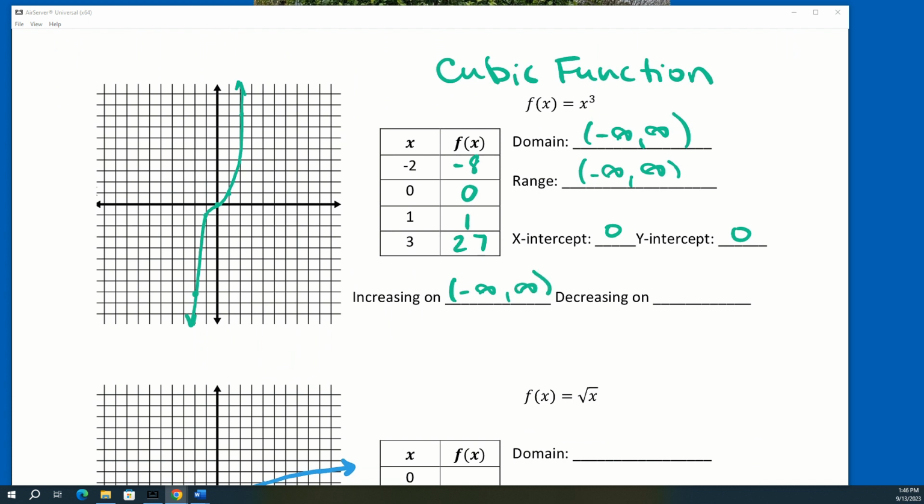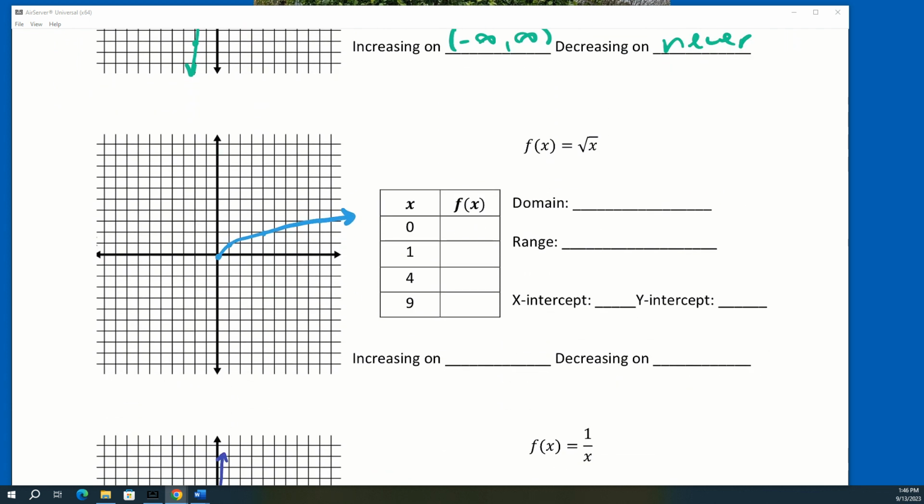Yes, it's increasing everywhere, and it's never decreasing. Y'all good? It always has a positive slope everywhere. If you're moving from left to right, you're going up everywhere. So that's always increasing.